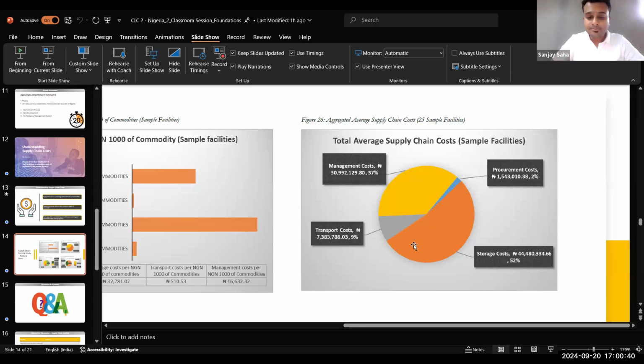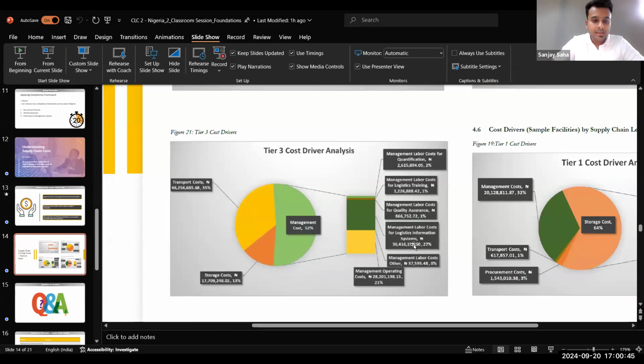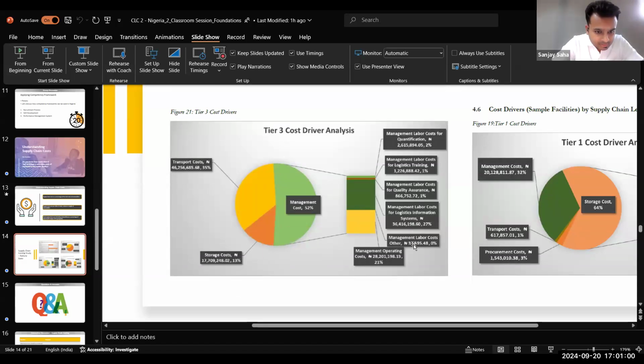Now, if you scroll down, Muskan, yeah, on the left, yes. Then on the left, you see tier three cost drivers. I think tier three is the DMA. So you will see at a DMA level. No, I think tier three is facilities. Sorry. No, tier three is DMA.